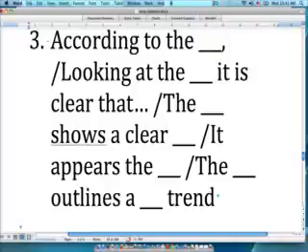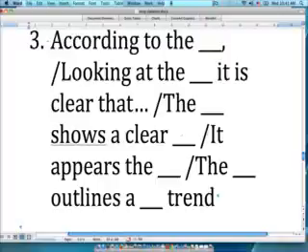Or perhaps looking at the chart, looking at the diagram, it is clear that, and then whatever, or maybe it is not entirely clear that, depending on what kind of information you're given. The diagram shows a clear, and then whatever, or the chart shows a clear growth over the period of 6 months, or the table shows a clear cyclical pattern if you're talking about a bus timetable.